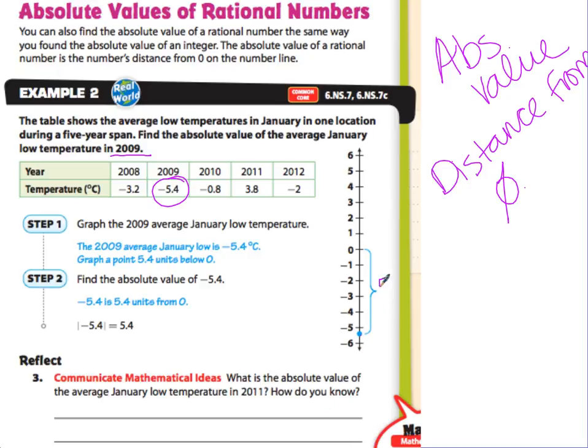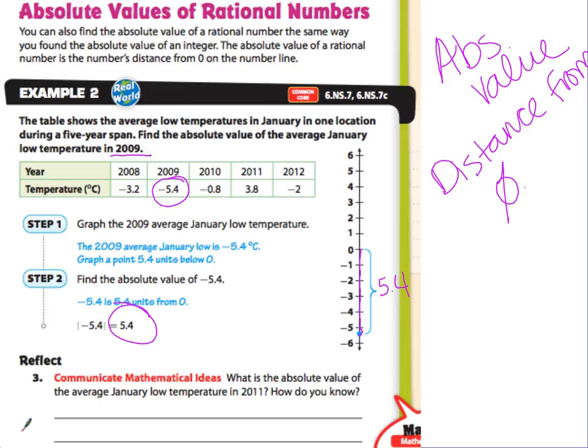Now here, this is 5 4/10 away from 0. So in order to find the absolute value, I need to know that even though this is a negative, in order to get here, I had to go 1, 2, 3, 4, 5, and then this little itty bitty 4/10. So the absolute value, or the distance from 0, is just 5 4/10.